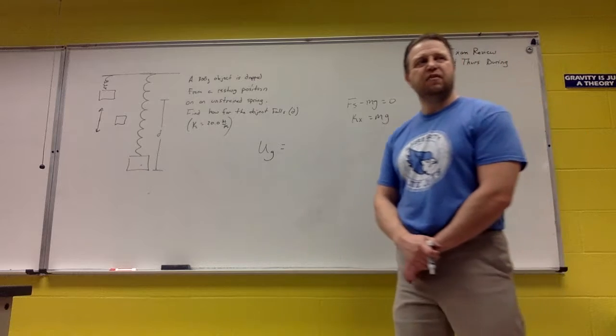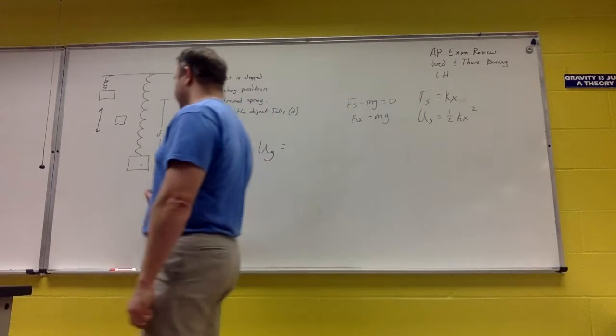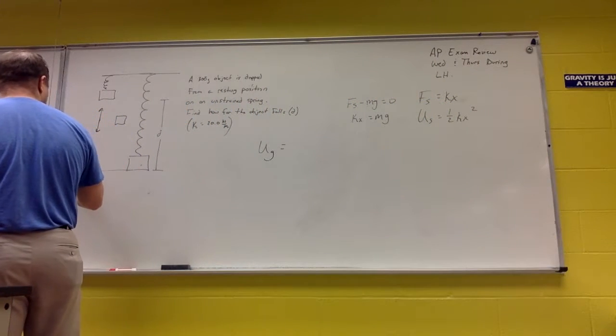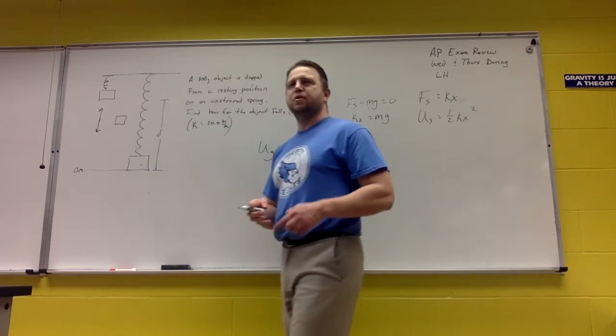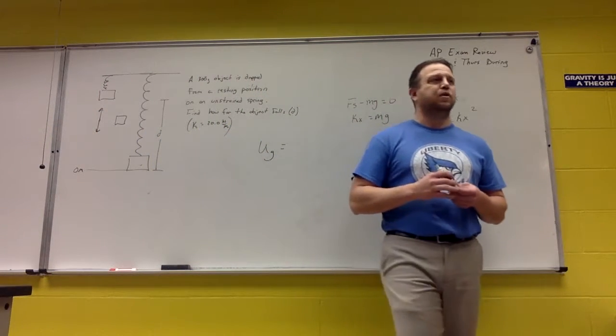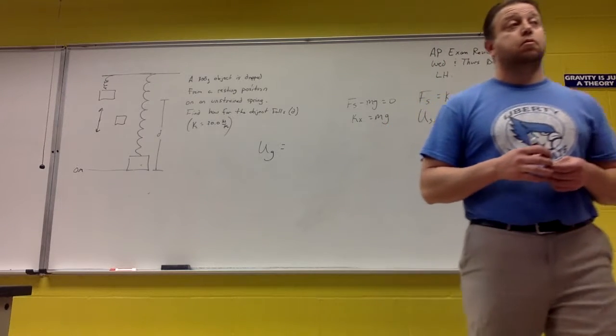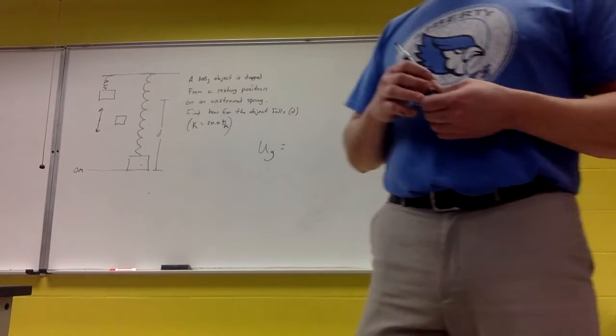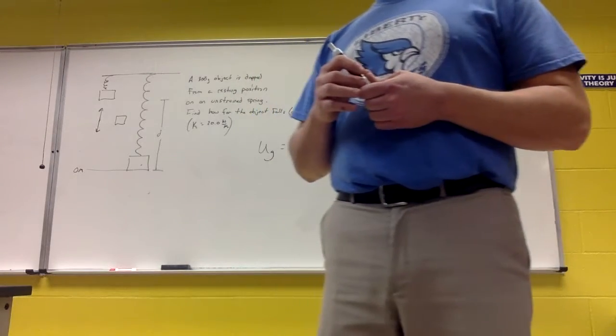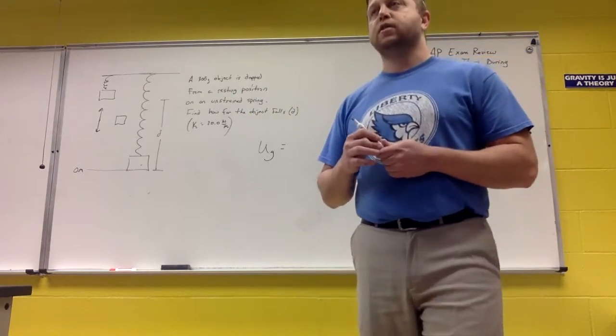That makes it a heck of a lot easier. So if we make this line right here 0 meters, does it have any gravitational potential at the bottom? No. Does it have any kinetic at the bottom? Why not?